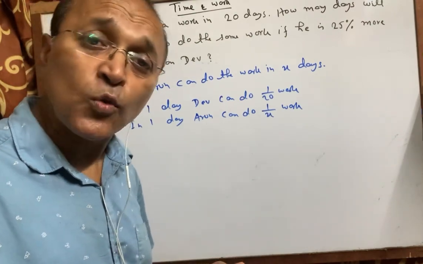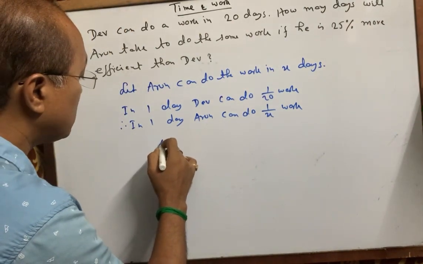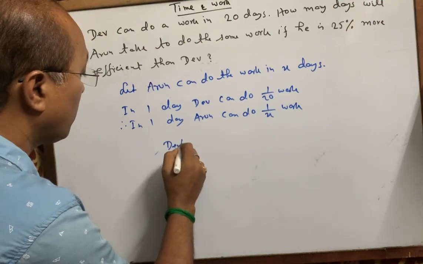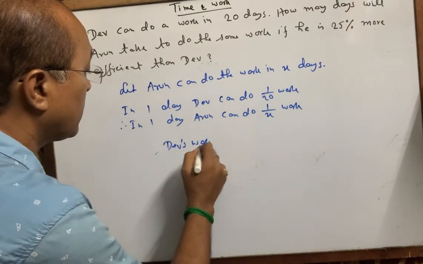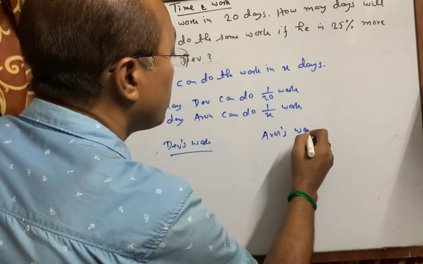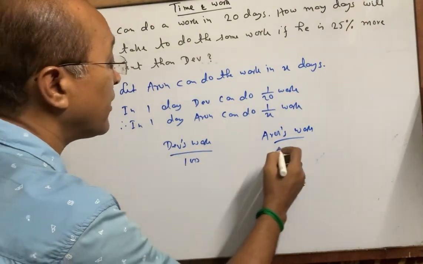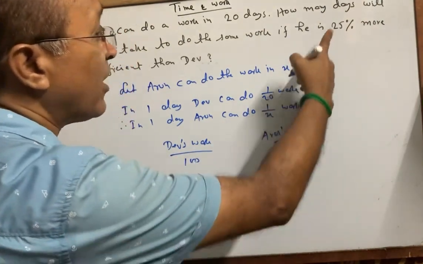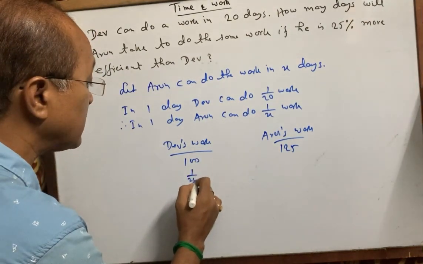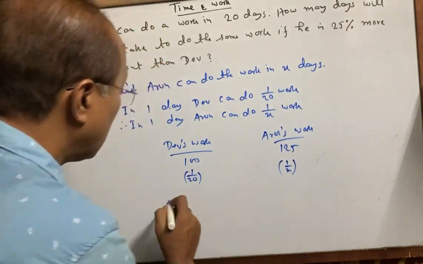We can use the rule of 3 here. Dev's work, Arun's work. If Dev's work is 100, Arun's work will be 125, isn't it? If Dev's work is 1/20, Arun's work here is 1/X.